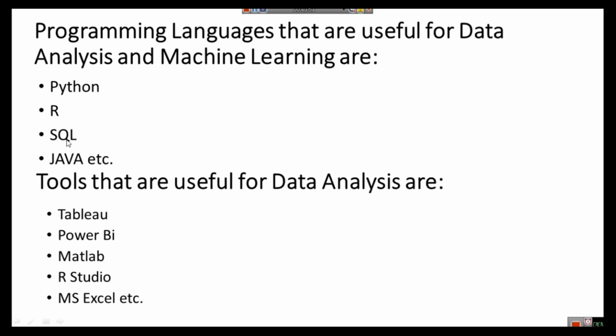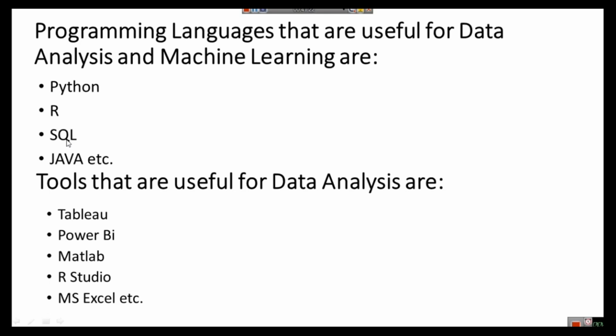Then we have SQL. SQL is basically used for creating relational databases. Organizations and institutions have data, and their databases are mostly created using some sort of SQL, like MySQL, MS SQL, Oracle.